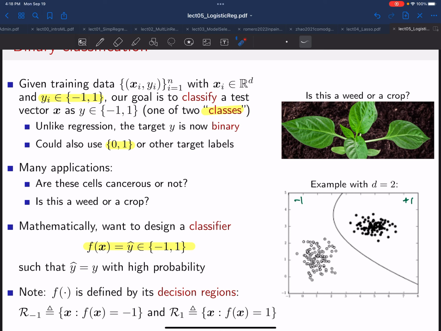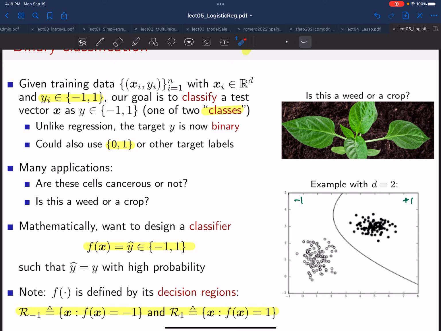When we think about designing this classifier, we can think of designing some sort of curve that separates the space into 2 regions. If this is our classifier, then anything on this side we classify as minus 1, and any point over here would be classified as plus 1. So we have this concept of a decision region. This is the decision region corresponding to minus 1, and that's the decision region corresponding to plus 1. We could define the decision regions like this.